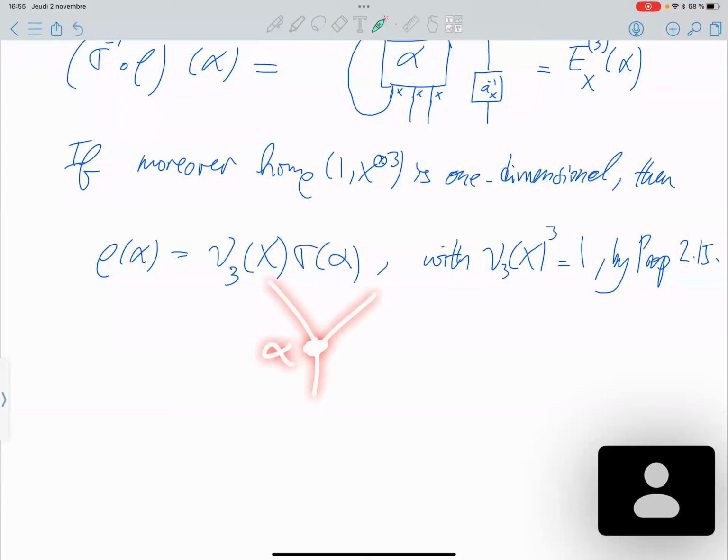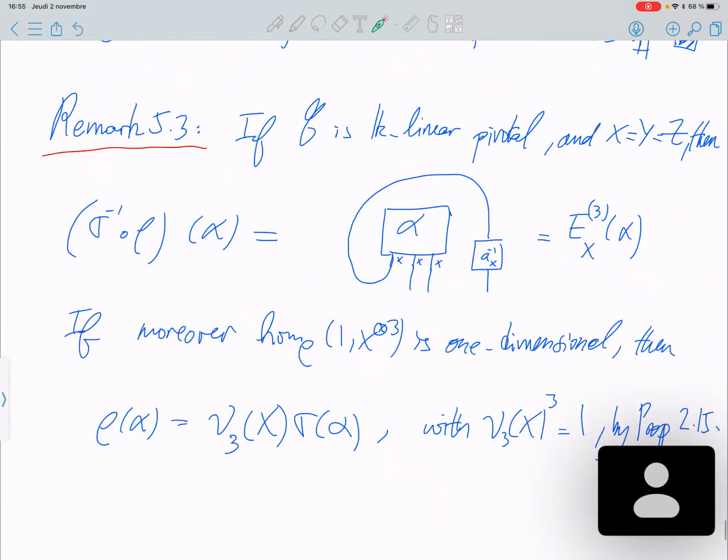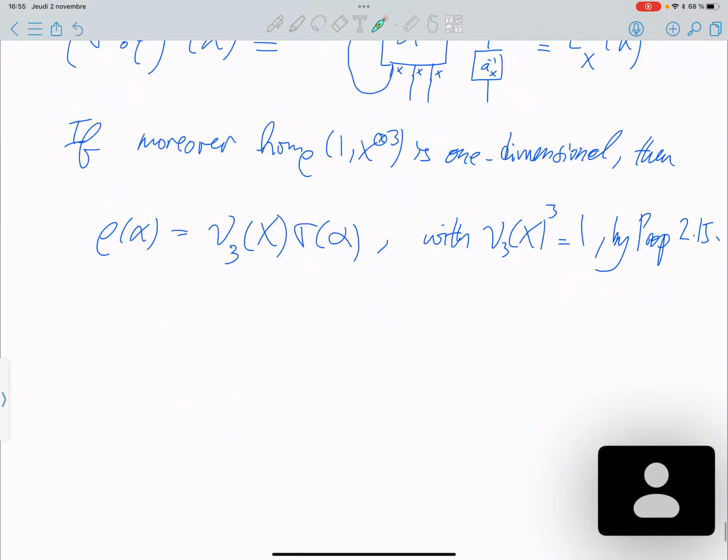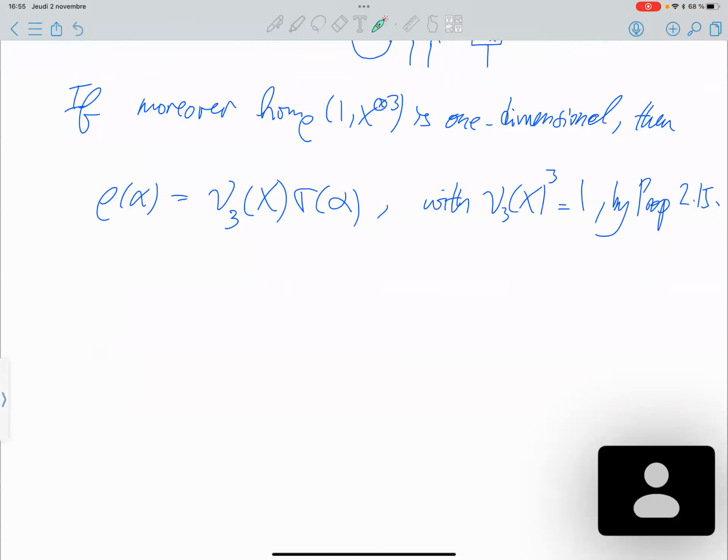You have a vertex which is labeled with some morphism. And what this remark is saying is that if you want to move the label from one corner to another corner, you need to multiply by this multiplicative constant. Of course, you need this to be the same X.